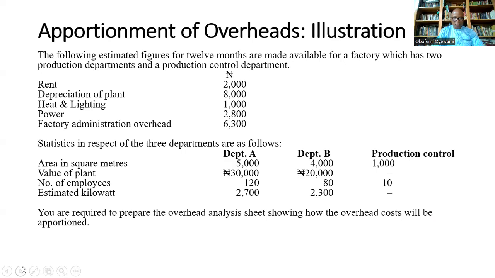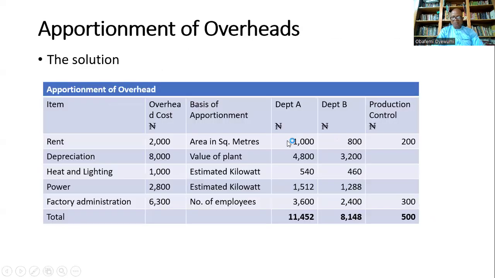So when you do that, you arrive at this. 5,000 over 10,000 is half, so that's half of 2,000, as we recorded here. 4,000 over 10,000 multiplied by 2,000 will give you this figure, and then 1,000 over 10,000 will give you this figure.